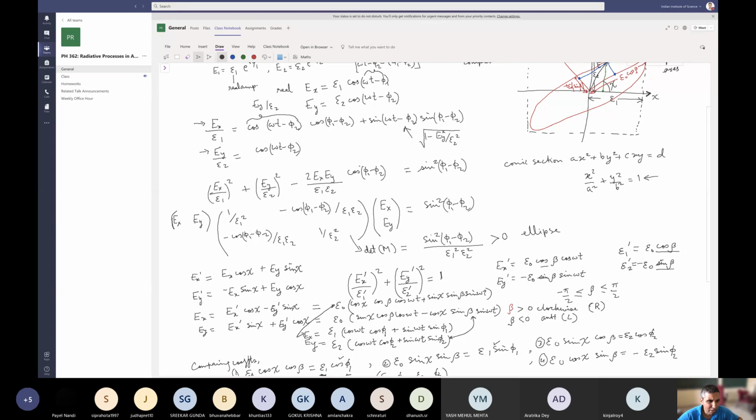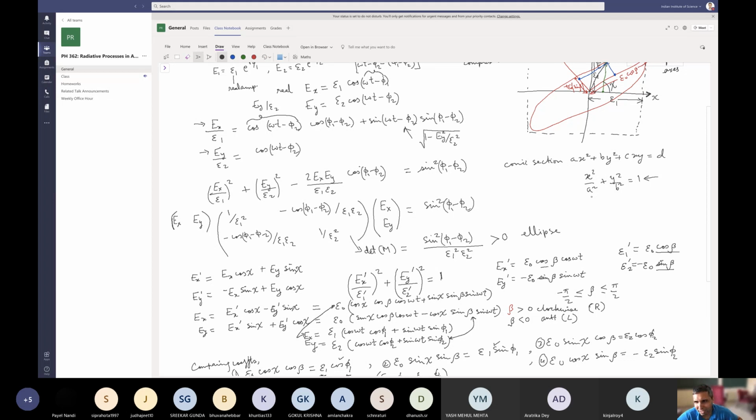So you can write this equation for a conic section in a matrix form. You have Ex, Ey as a row vector, a matrix, and a column vector. From the properties of conic sections, you can say that if this coefficient matrix has a determinant greater than 0, it's an ellipse.